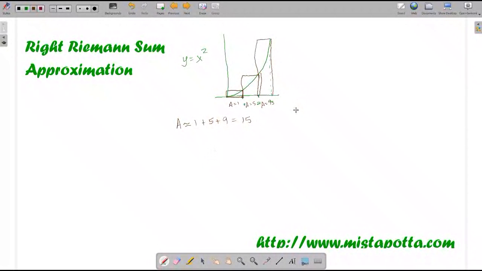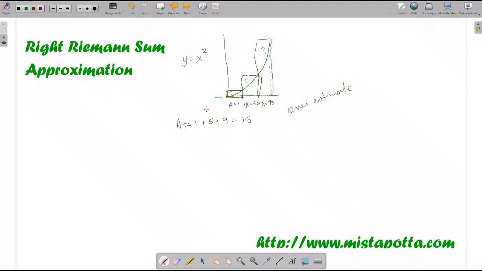And this is pretty clearly an overestimate, because I'm certainly including area that was not in my original graph.